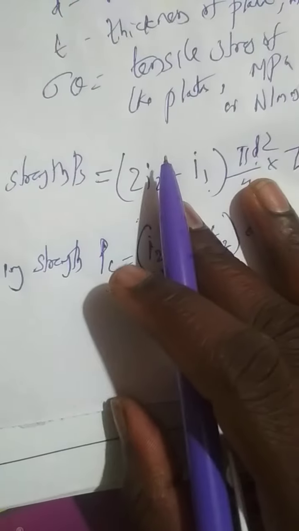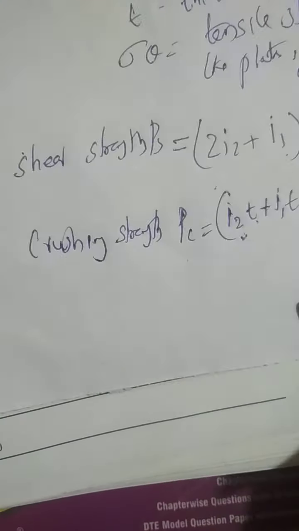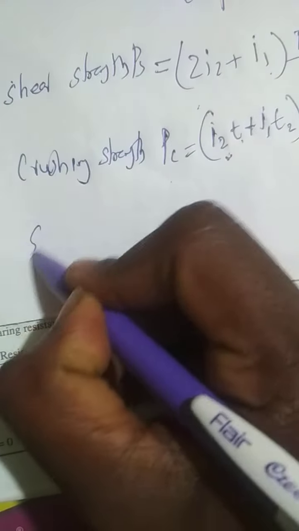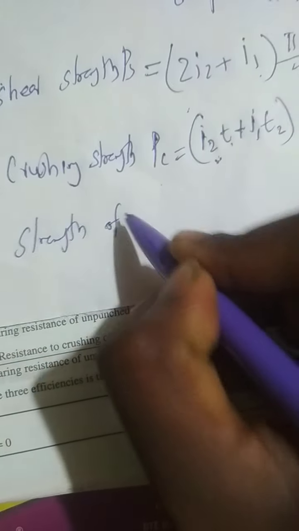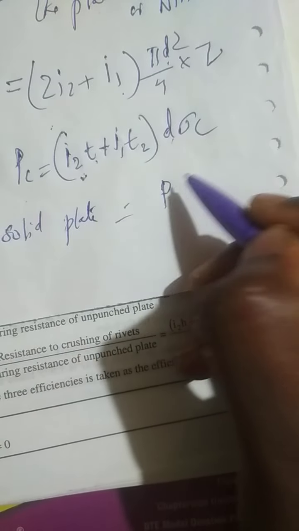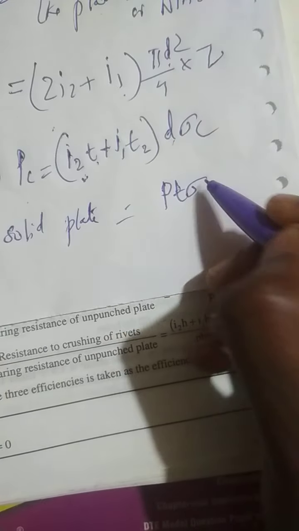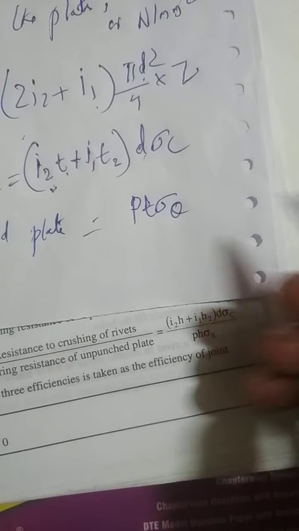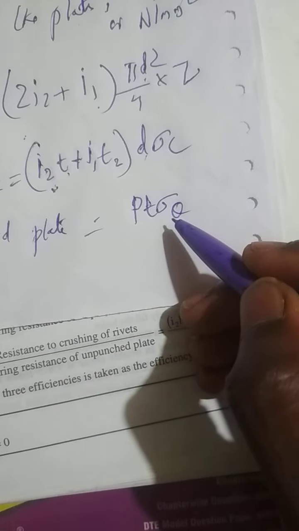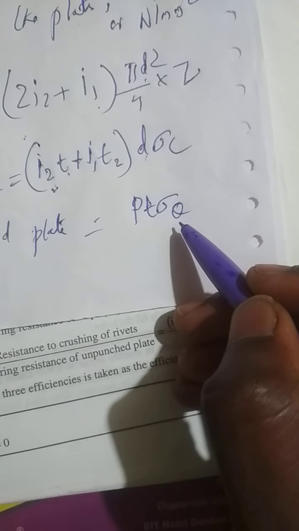In most problems they will give tensile stress, crushing stress and shear stress. Now the strength of solid plate equation: P t sigma t, where P means pitch, t means thickness of the plate to be joined, and sigma t tensile stress.